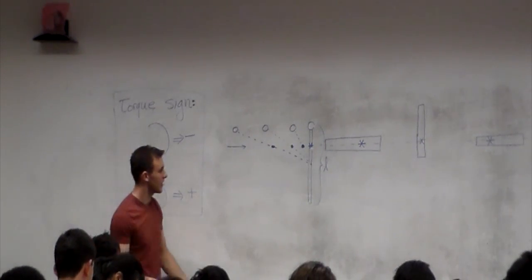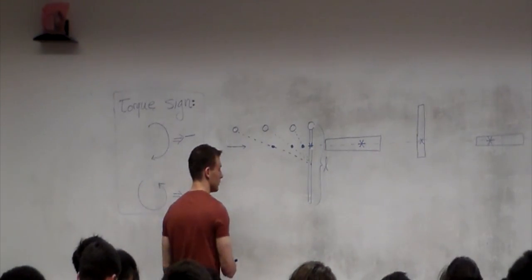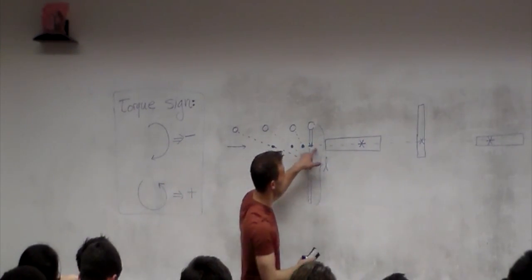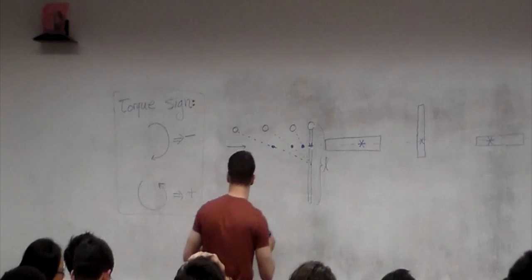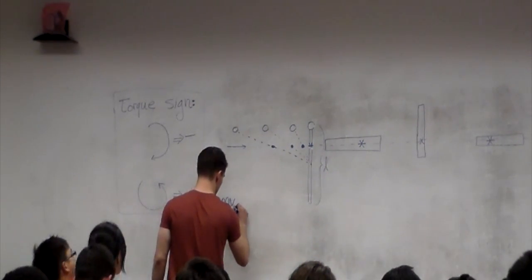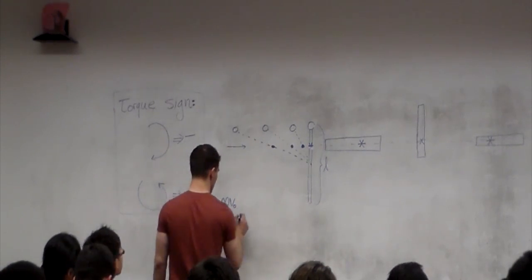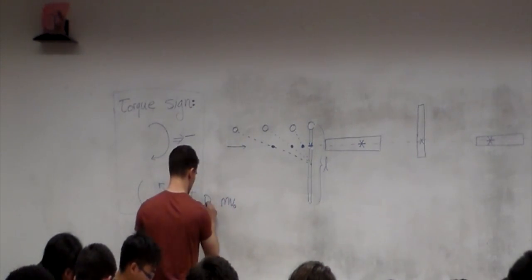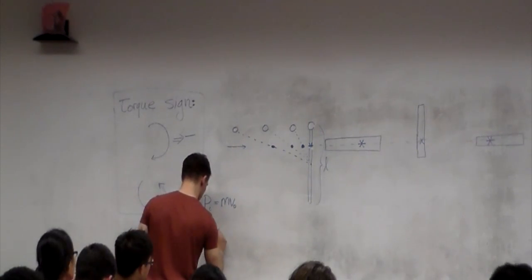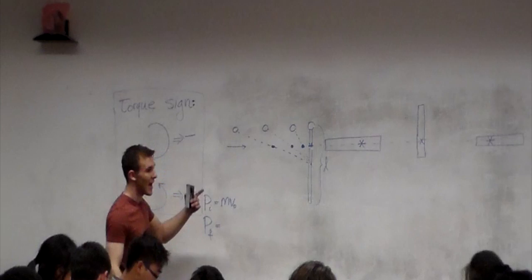How fast will it be rotating? Easy, because we know how quickly this spot will be going, since we know the initial momentum already. The initial momentum is m times v naught. And then p final is equal to, so now what's moving?